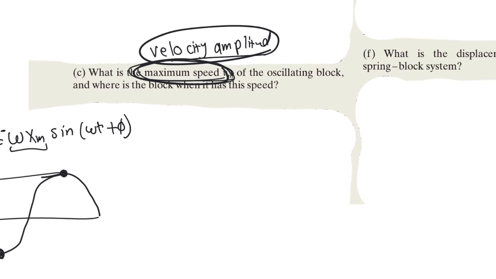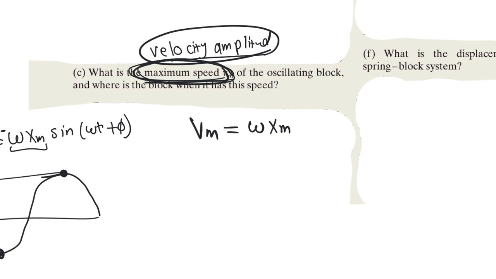So the maximum speed vm will be equal to omega xm, and here without the minus. Why? Because for the maximum speed, we only want the value, not the direction.